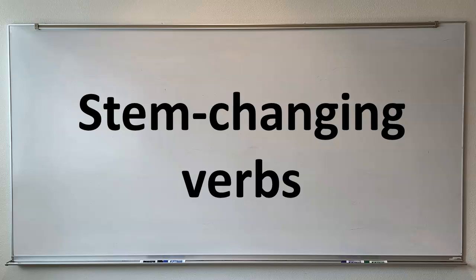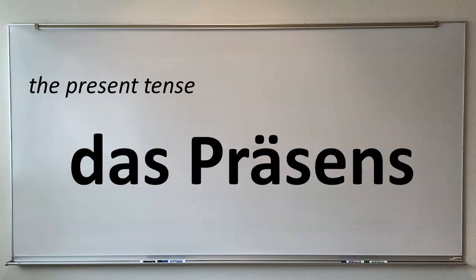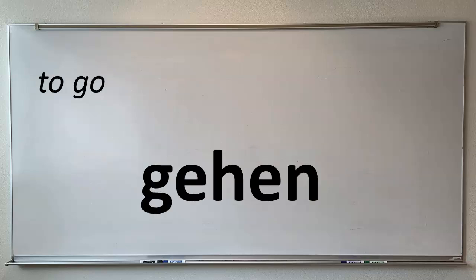So let's get started. This lesson is specific to stem changing verbs that change from A to A with the umlaut. But first, we're talking about the present tense, das Präsens, and we are going to review a regular verb, the verb to go, gehen, a very important verb. We've had this lesson already.